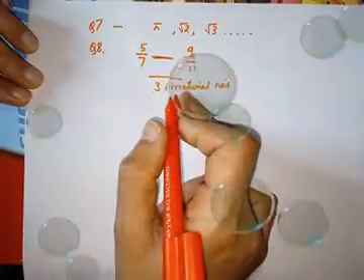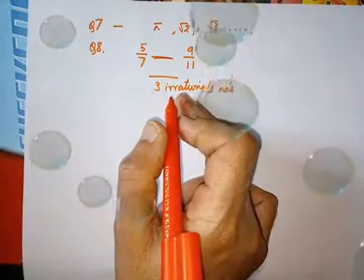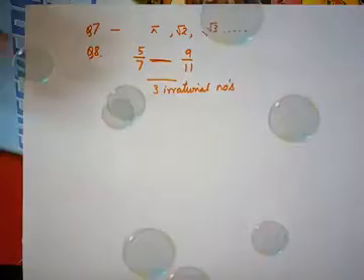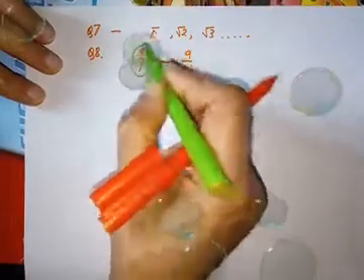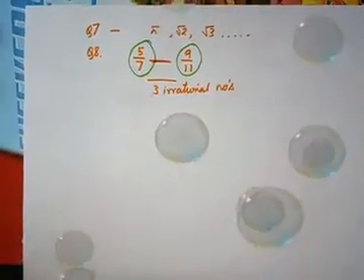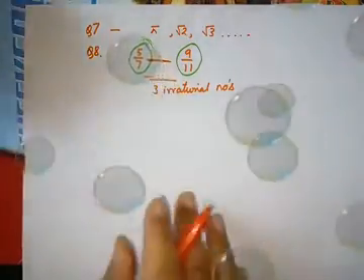So we cannot write the rational number, but we can write the decimal representation of the rational number. For that, we should know what the decimal representation of these two numbers are. So let us divide these two and see what we get.